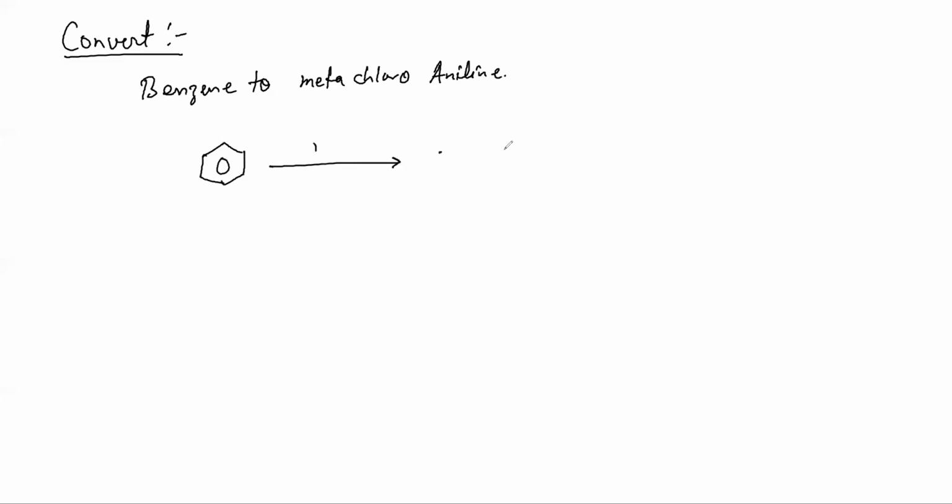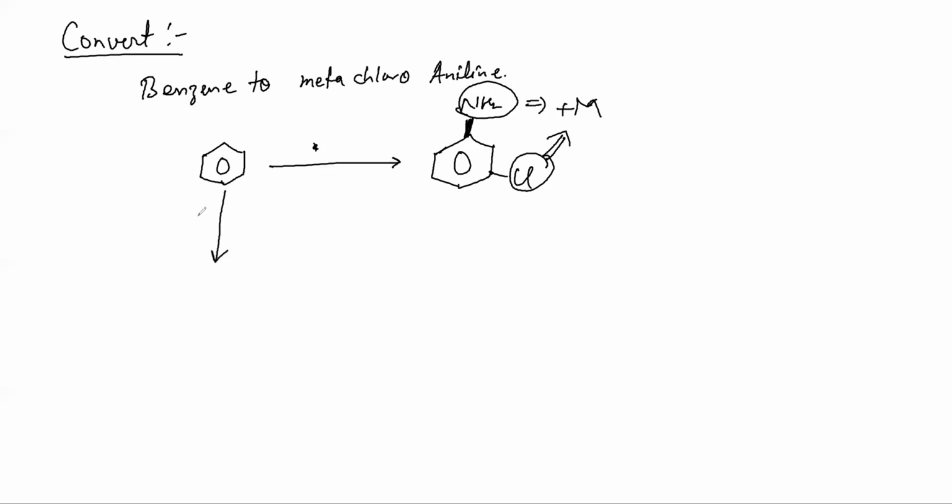We want to convert this into something like this. Now, how will we perform this conversion? Let's understand. Does this Cl have a plus M effect or minus M effect? Plus M. This Cl has plus M, and NH2 also has plus M. So there is no chance that either of these two will perform meta substitution. So please don't introduce NH2 or Cl in the ring first.